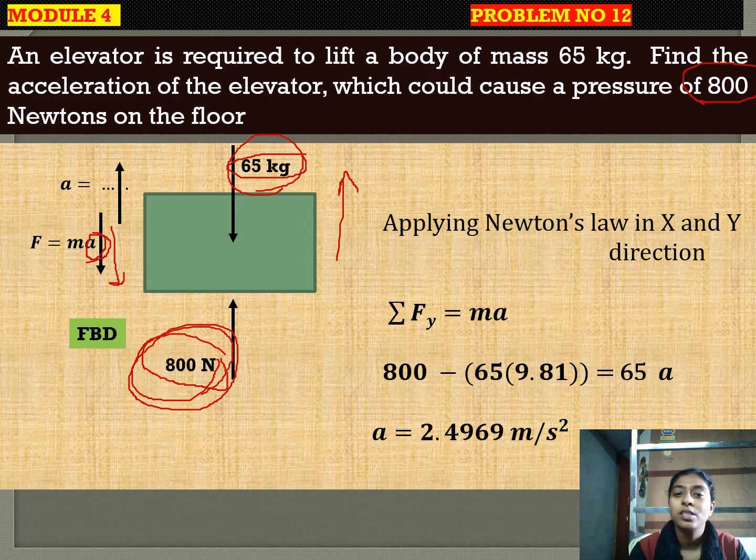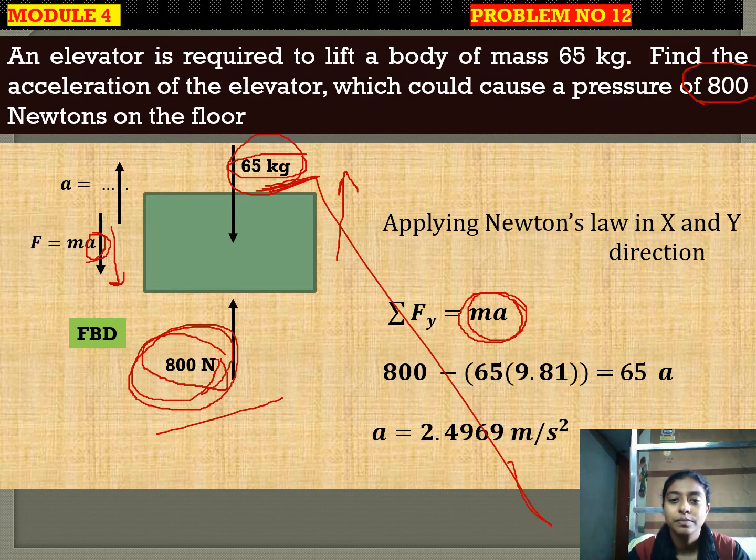So we apply Newton's law in x and y direction. There are no forces in the x direction, so only y direction forces are there. So sigma Fy is equal to mass into acceleration because movement is in y direction. That is 800 minus 65 kilograms, and this is the force so it should be in Newton, so it is 65 into 9.81, in order to convert kilogram to Newton, is equal to mass into acceleration.